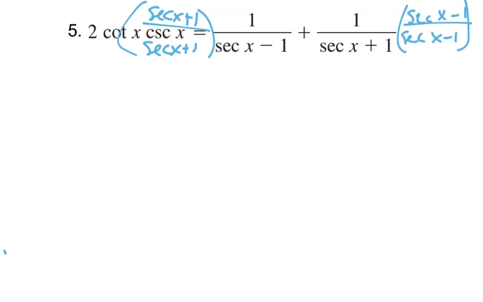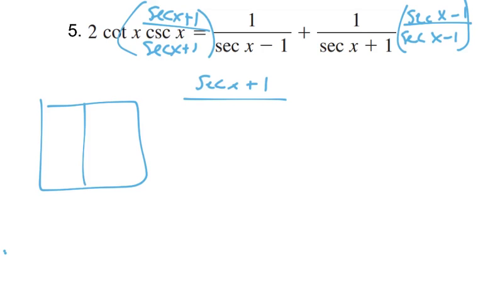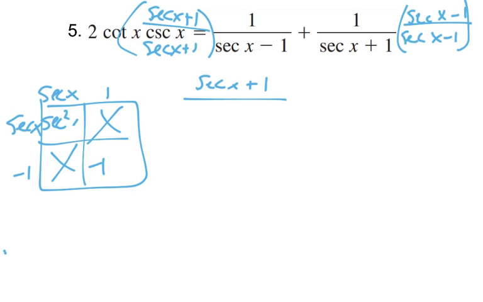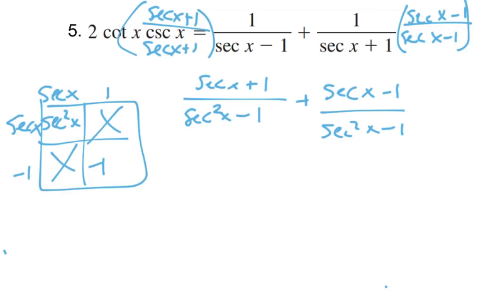And so if I do that, I end up with secant of x plus 1 on top, but then multiplying out secant x and secant x minus 1, these will cancel, and we'll get secant squared of x. So our denominator is secant squared of x minus 1, and this one is secant x minus 1, and secant squared x minus 1.